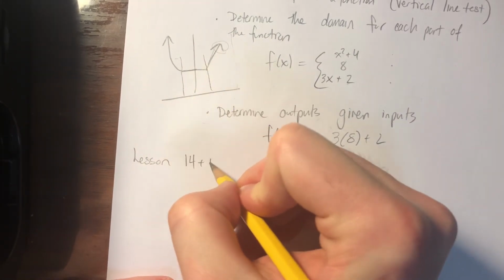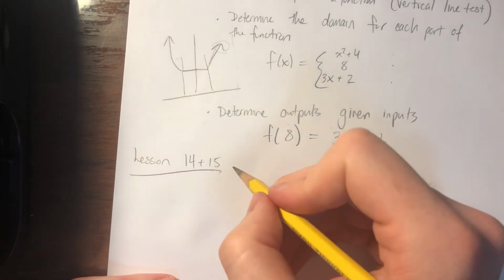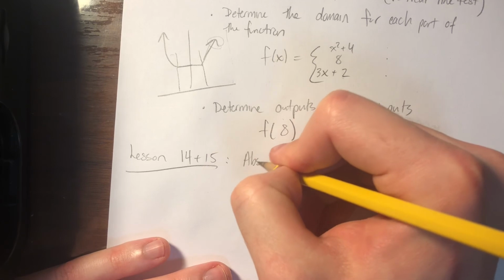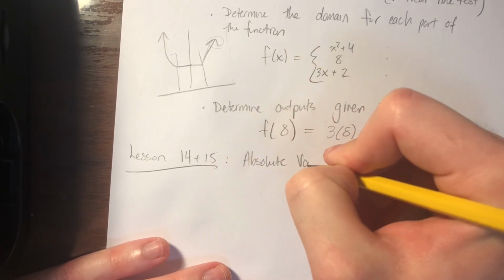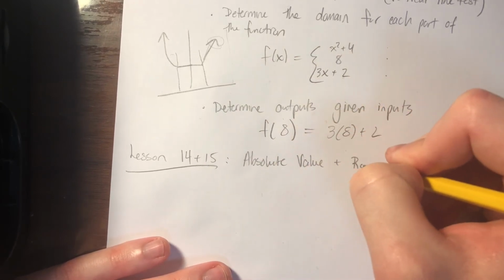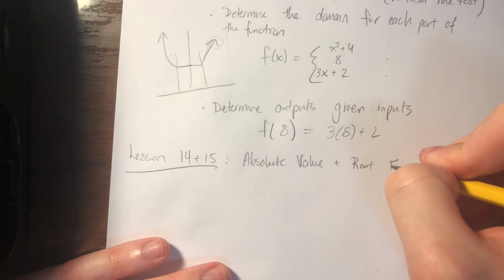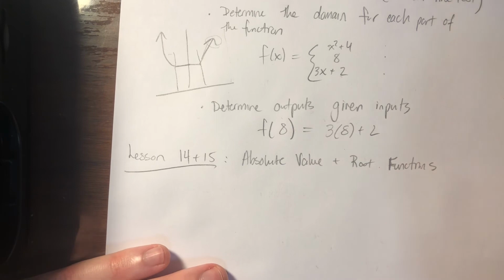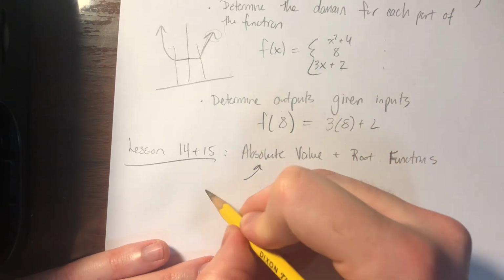Lesson 14 and 15 I'm going to kind of group together because they're both special types of functions. So we've got absolute value and root functions. So you should be able to, for absolute value functions, identify the vertex.